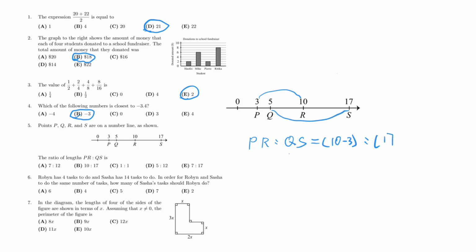That's 17 minus 5. So that's 7 to 12. So the answer is A.